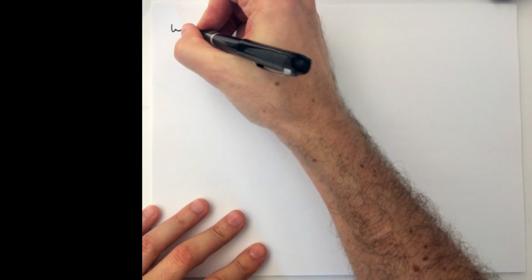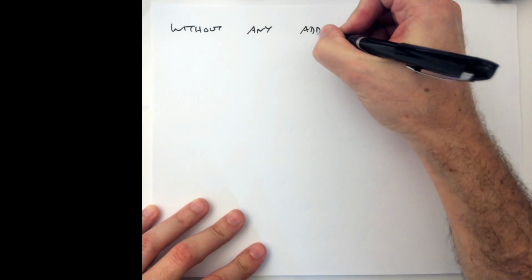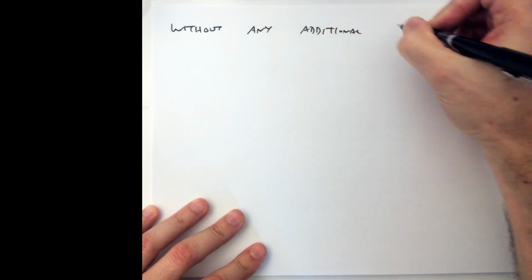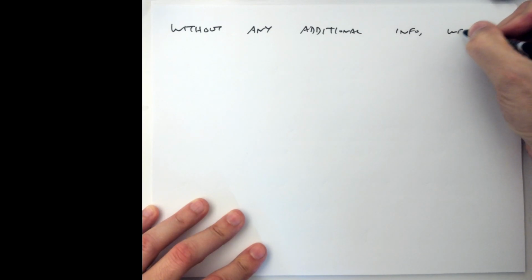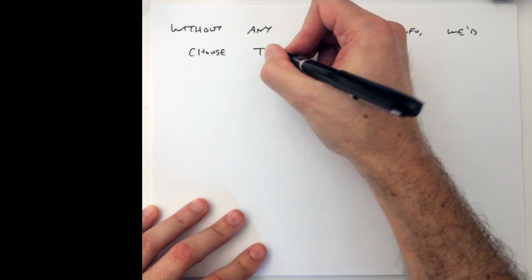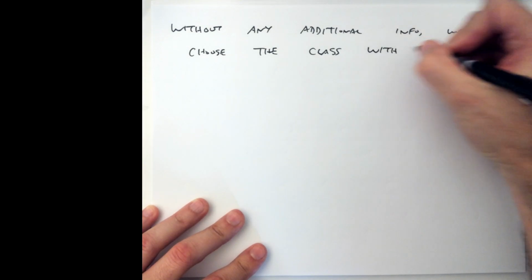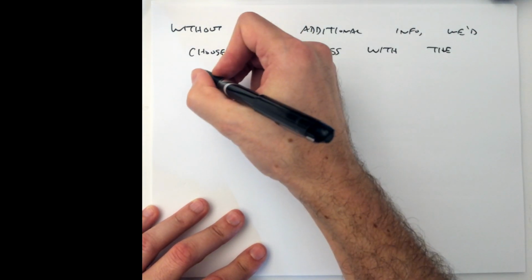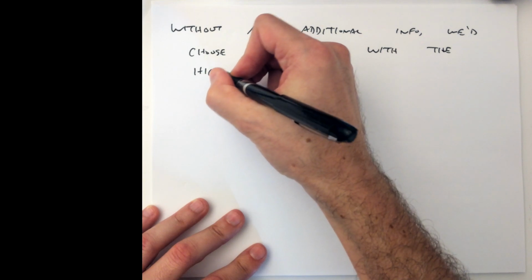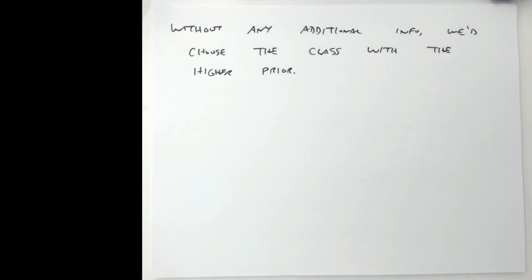So without any additional info, we would choose the class with the higher prior, right?